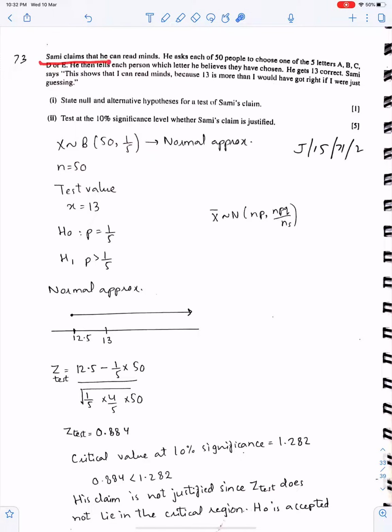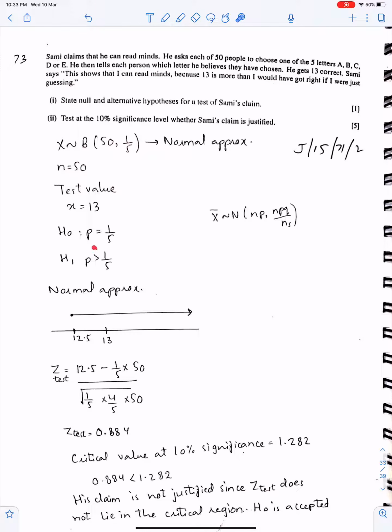Sami claims that he can read minds. Now this is the claim of Sami. He asks each of 50 people, this is n of binomial, to choose one of the 5 letters A, B, C, D. So 1 must be correct, so 1 upon 5. Since this is 50, a very large number, use normal approximation. He then tells each person which letter he believes they have chosen. He gets 13, this is the test value. Sami says this shows that he can read minds because 13 is more than he would have got right if he were just guessing.